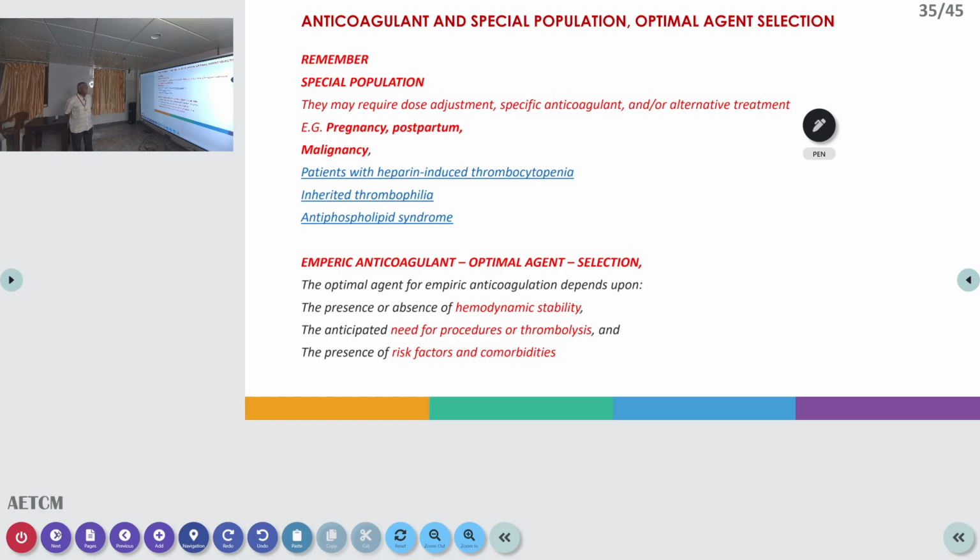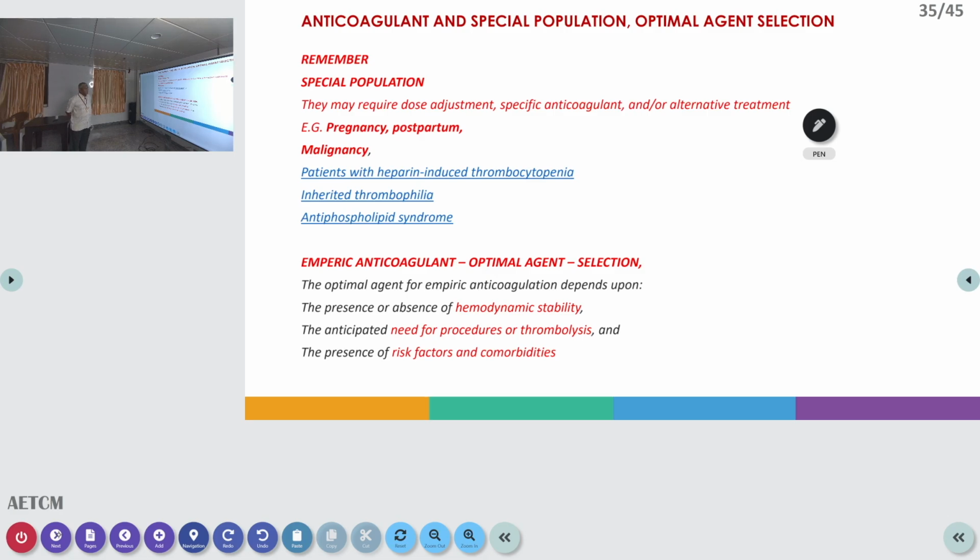Always remember about this special population of people, they may require certain dosage administration, specific anticoagulant or alternative treatment. Examples: pregnancy, postpartum, malignancy, patients with heparin-induced thrombocytopenia, inherited thrombophilia, antiphospholipid syndrome. The selection of the agent, dosage, everything should be kept in mind.